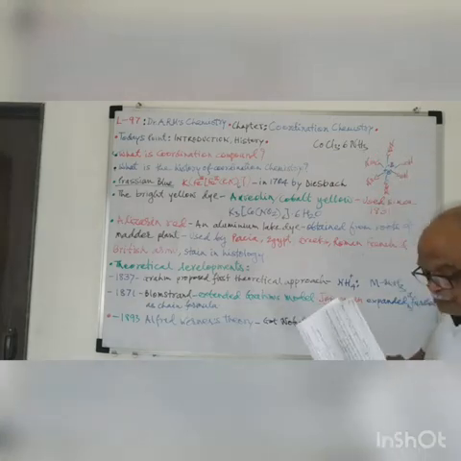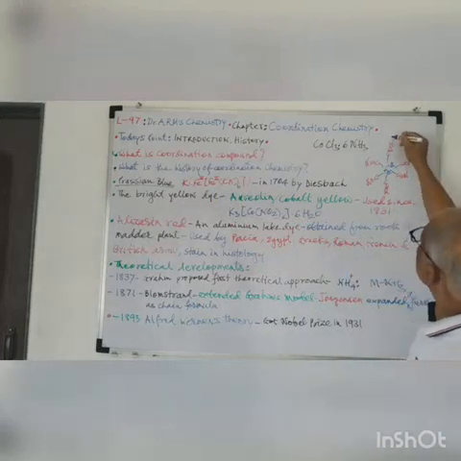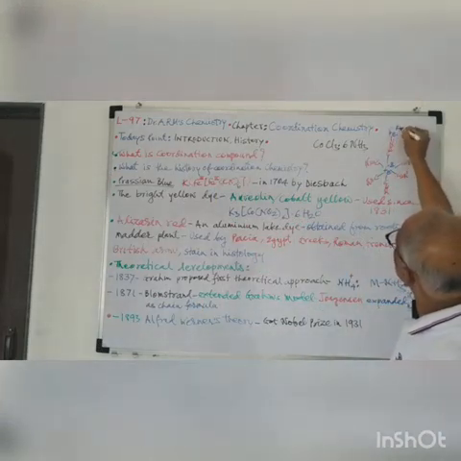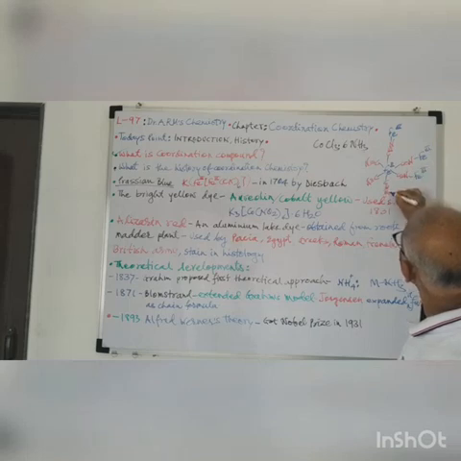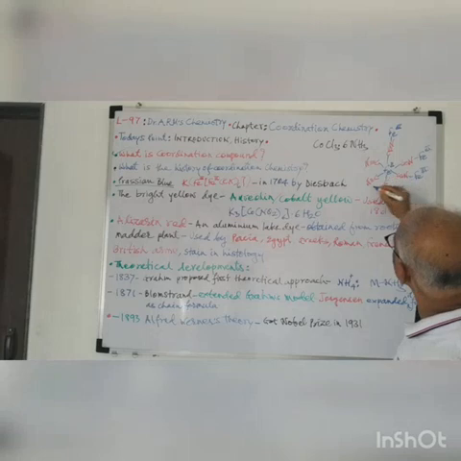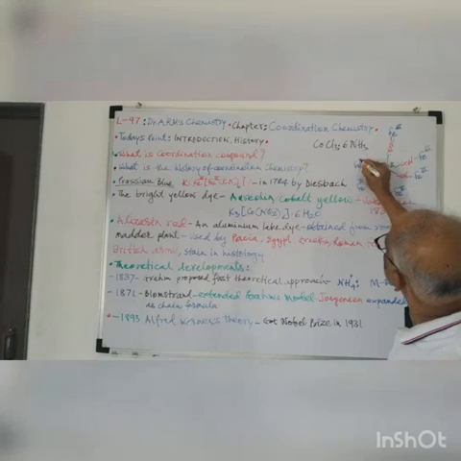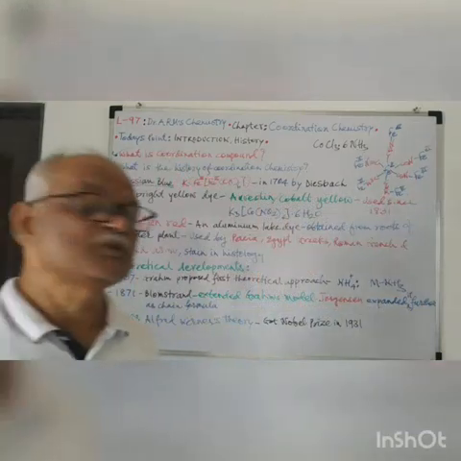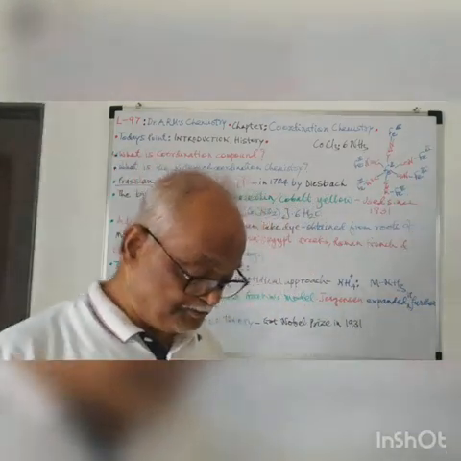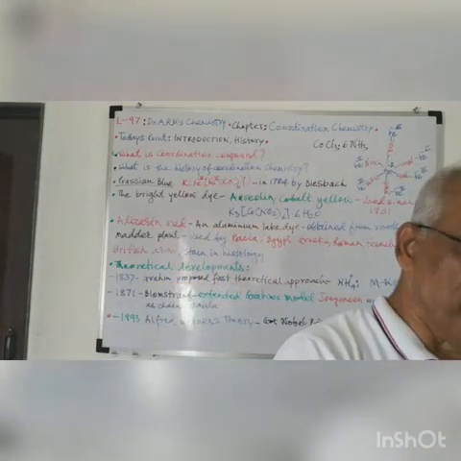Further, these CN are attached to Fe in the 3+ state, like this. So we can get the structure in this way. So this is our Prussian blue.